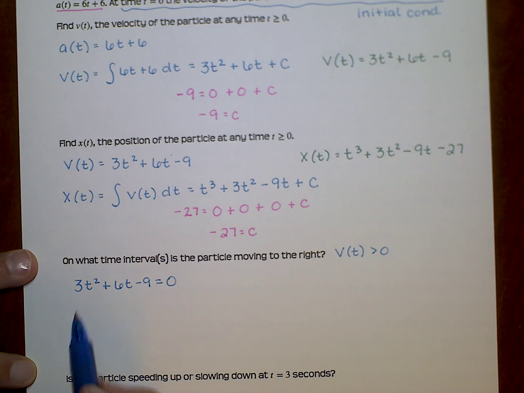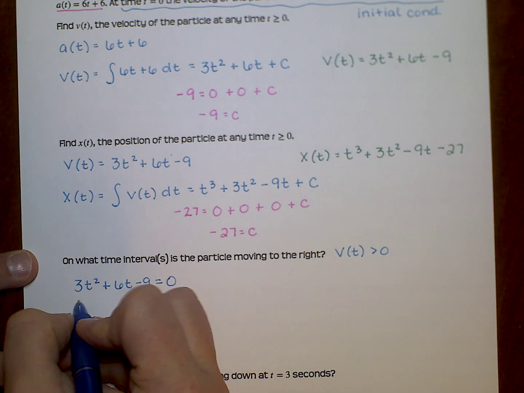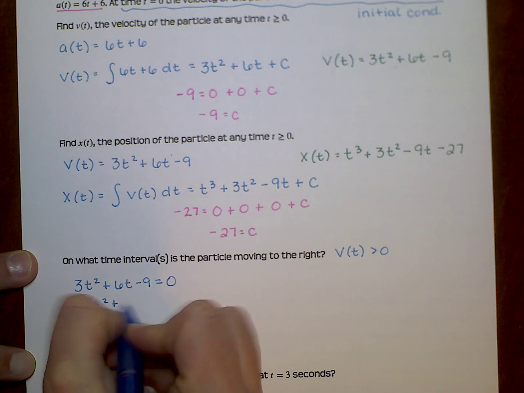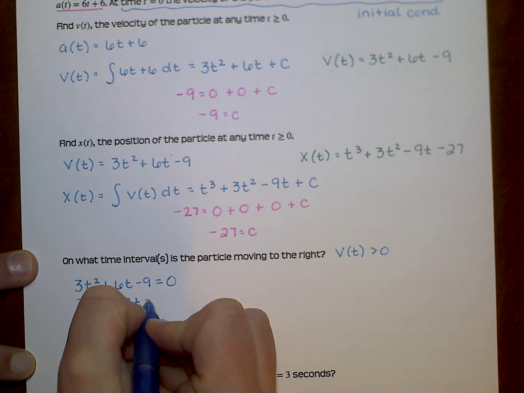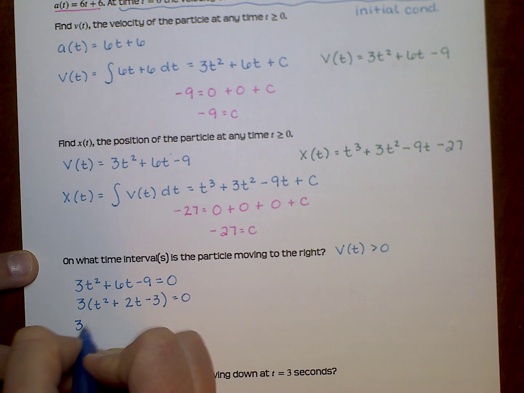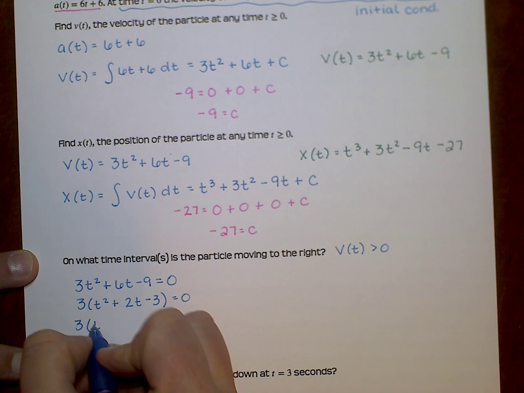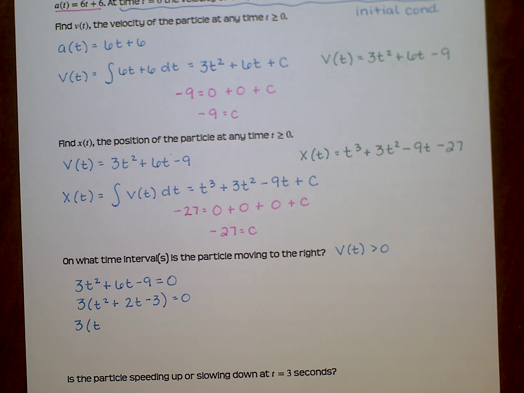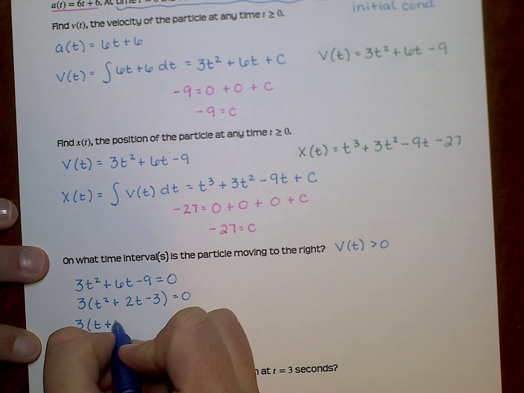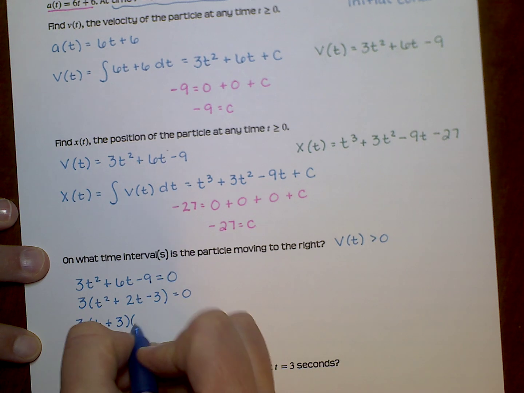Okay. I'm going to pull out a 3 just to make my life a little easier. So then I get t squared plus 2t minus 3 equals 0. Let's factor. So this is now t plus 3, t minus 1.